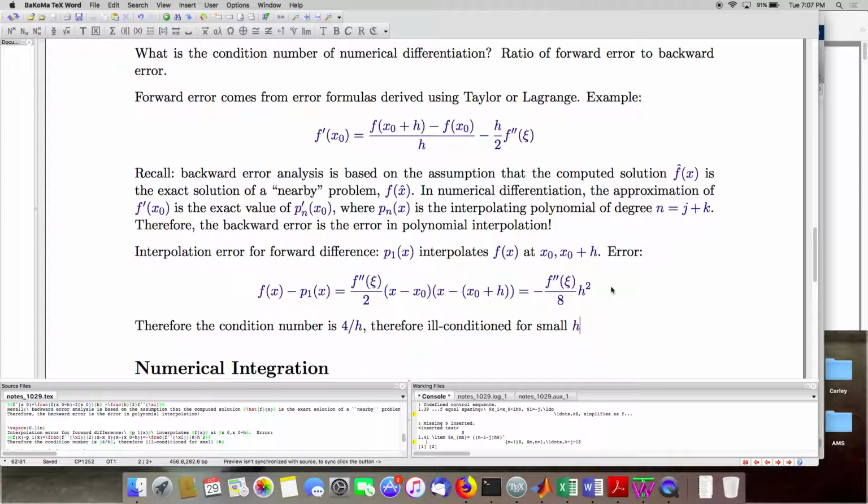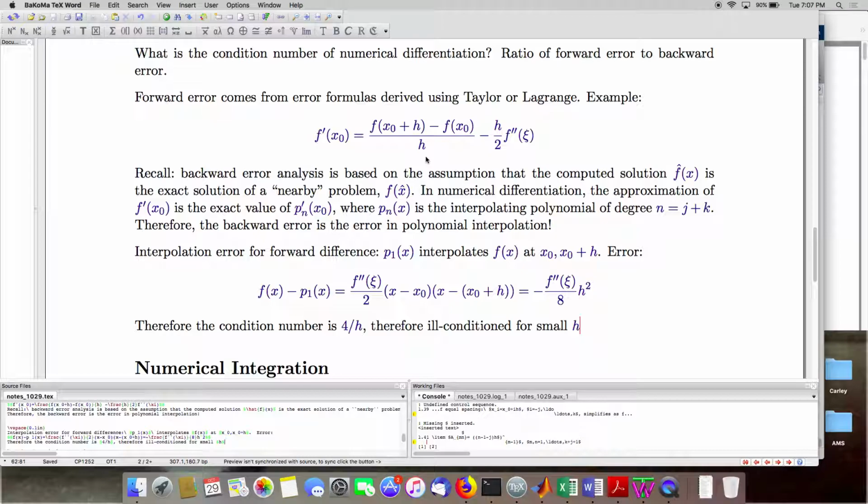I may have shown this at one point: if I use the forward difference, for example, on a function where I know what the result's supposed to be, and I try smaller and smaller values of h, then you find that the error is going to 0. But once h gets really, really small, closer to the machine precision or unit round-off, the error increases.